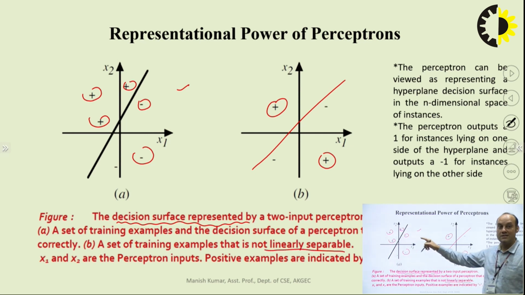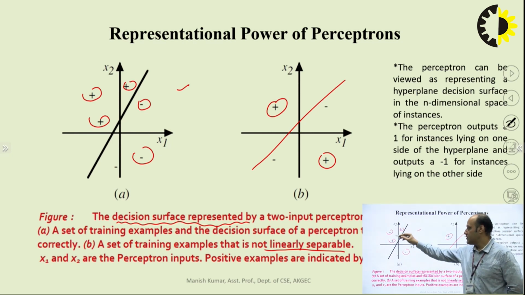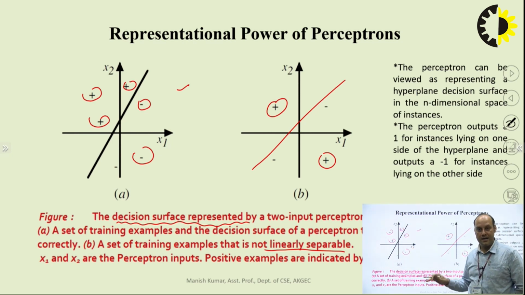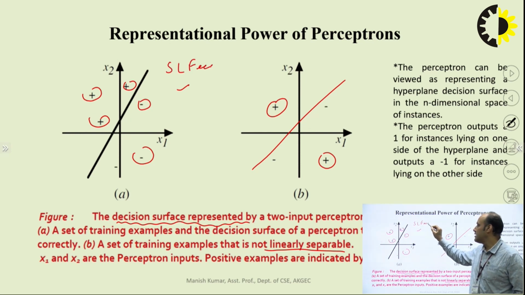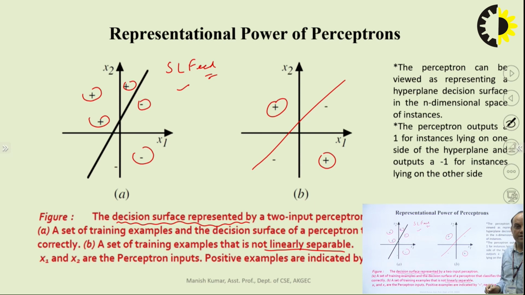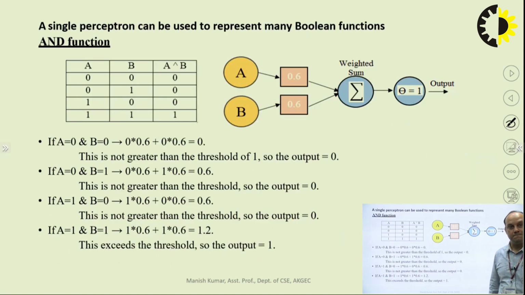This is an example of linear separability, and this is an example of non-linear. The training examples which are linearly separable can be implemented using a single layer feed forward network, and the training examples which cannot be separated linearly are implemented using a multi-layer feed forward network. This is how we come to know which network to use.